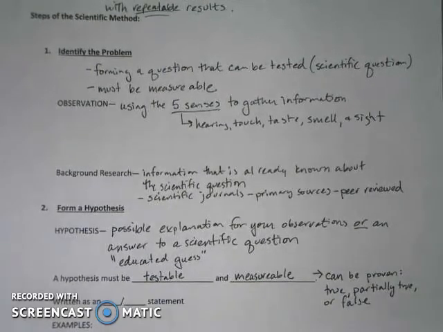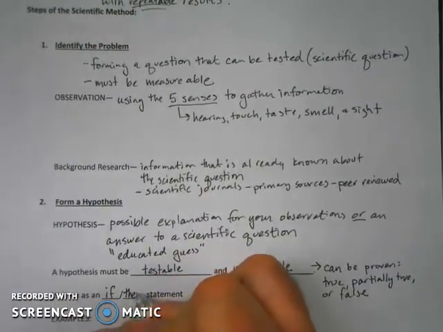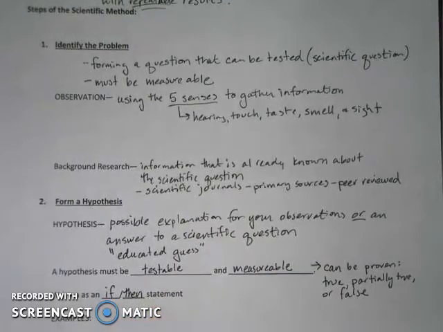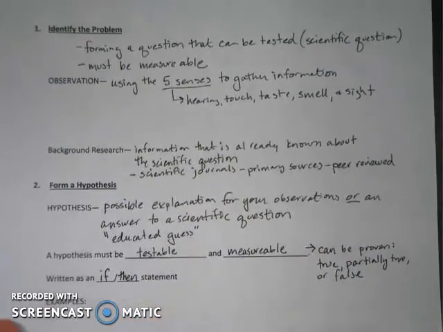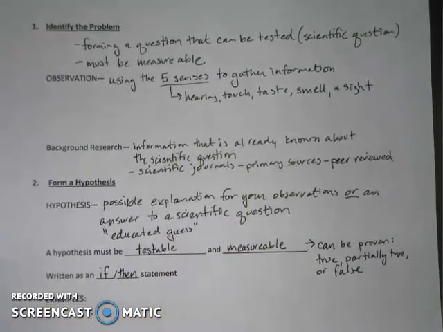So if it's partially true, you might have to go back and identify a problem you had with the hypothesis and work through the whole process again and make a new hypothesis. But for our purposes, what we're going to do in this class is we're going to write a hypothesis as an if-then statement.